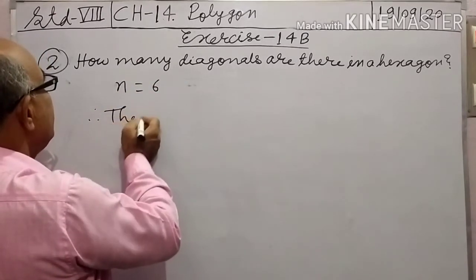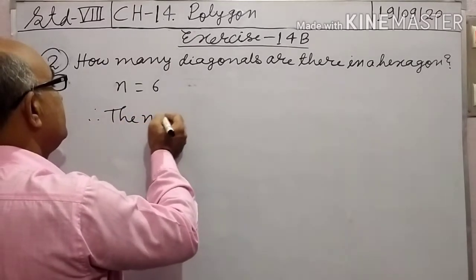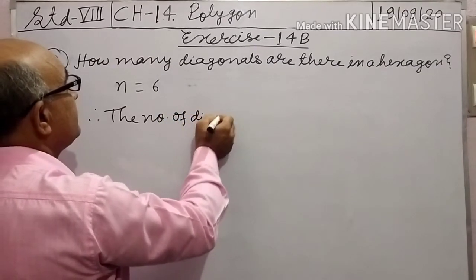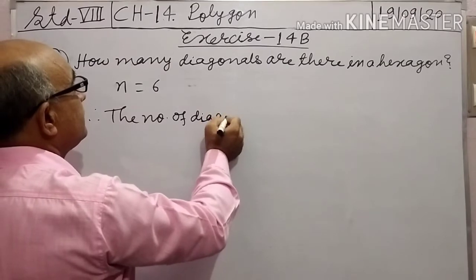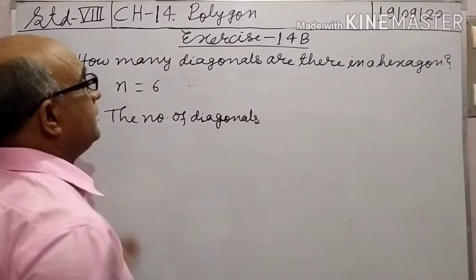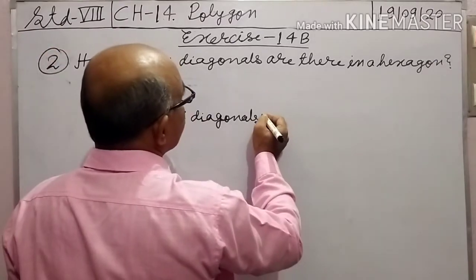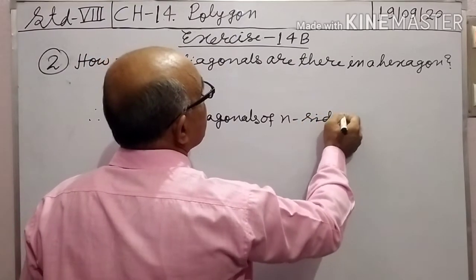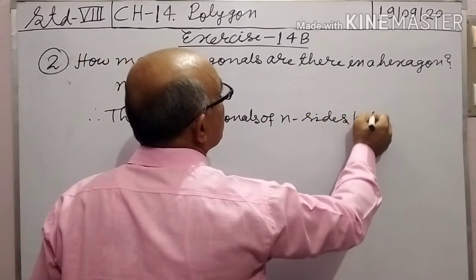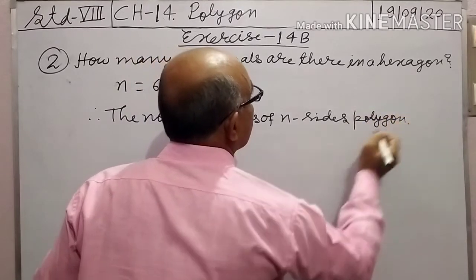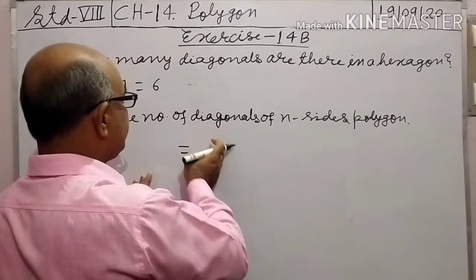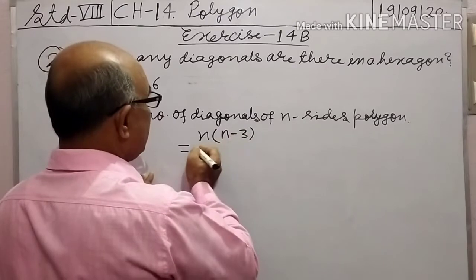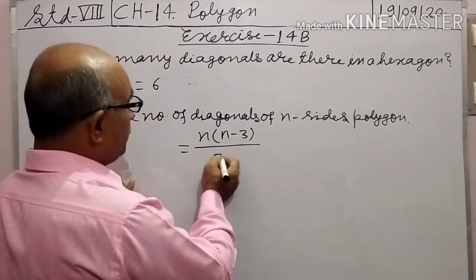Therefore, the formula is: the number of diagonals of an n-sided polygon equals n into n minus 3, divided by 2.